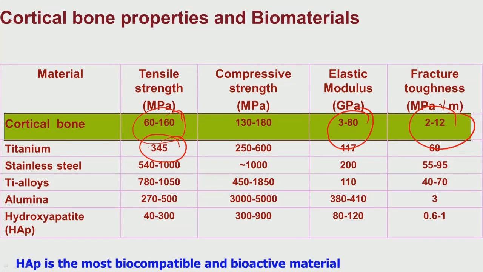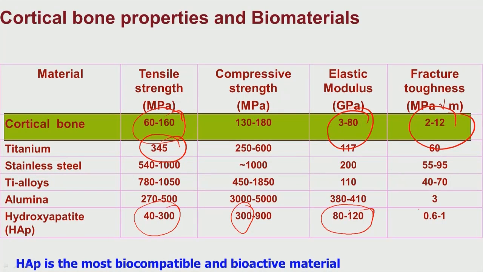lower than many of the ceramic materials, because if you are from a material science background, you would know that the compression strength of any ceramic is 8 times its tensile strength. Although the tensile strength of hydroxyapatite can be as low as 40 megapascal, the compression strength of the same composition can be as high as 300 megapascal. So, it is close to 8 times higher than tensile strength. Elastic modulus of hydroxyapatite, and for that matter any ceramic material, can be very high, like 120 gigapascal in hydroxyapatite.